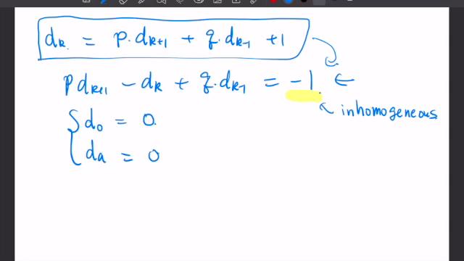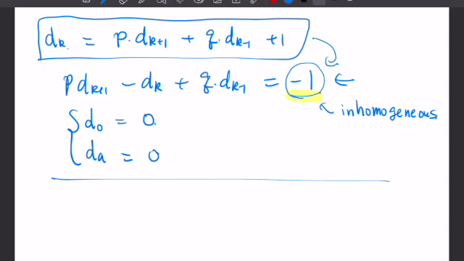As a general rule of thumb for solving this kind of difference equation, first we need to find the solution for the homogeneous case. That is, pretend this constant is 0, then solve it. And that is already solved before, right?